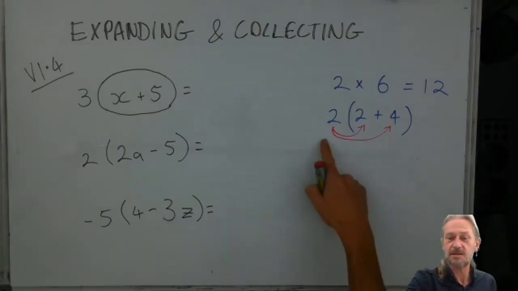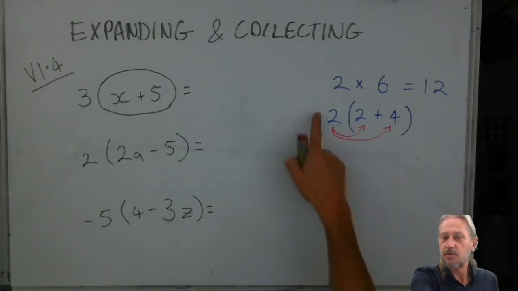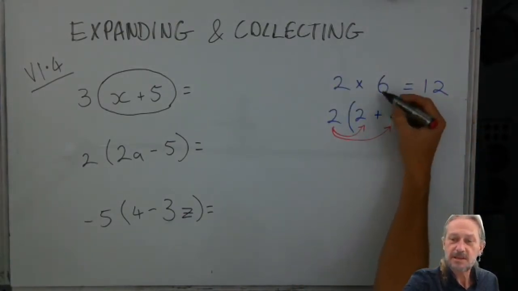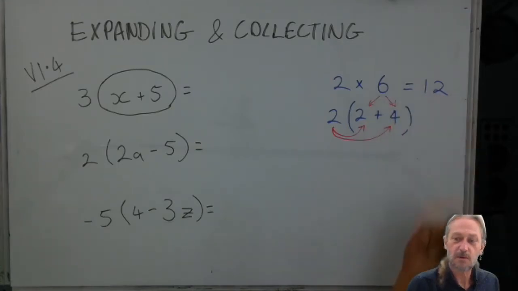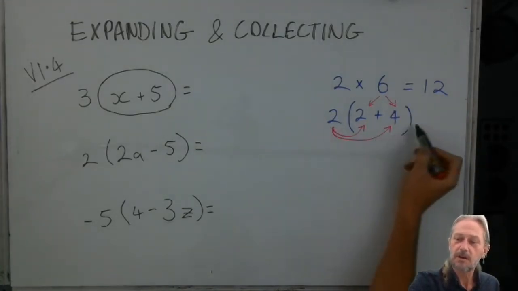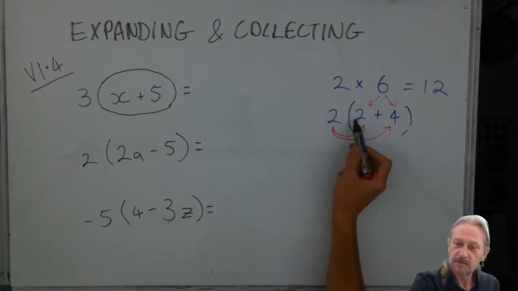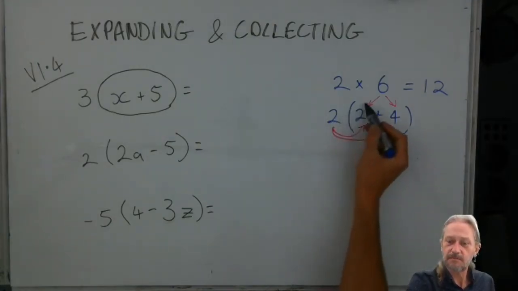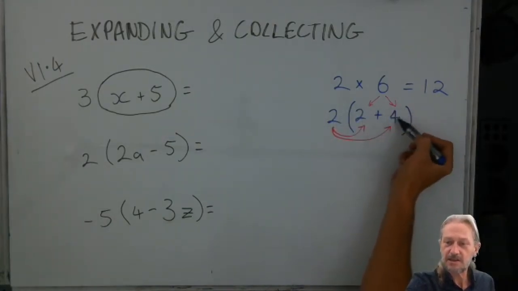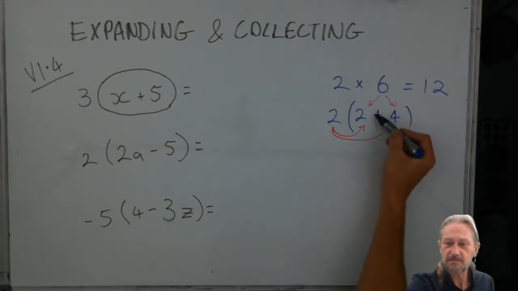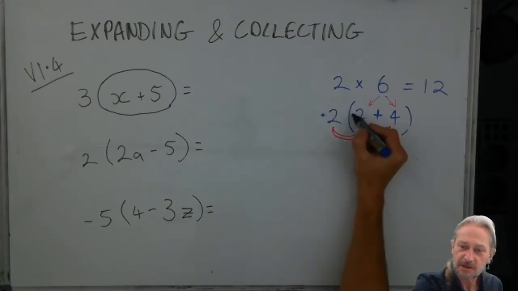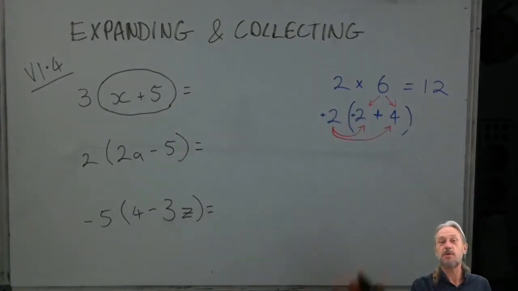Okay, so in this case, we know this is what we're talking about. All I've done is broken this 6 into 2 plus 4. So when we multiply this 2 to what's inside the brackets, we multiply the 2 by the first term, 2 by the second term, and we keep that plus, because this is positive and that's positive, we're just multiplying positive numbers here.